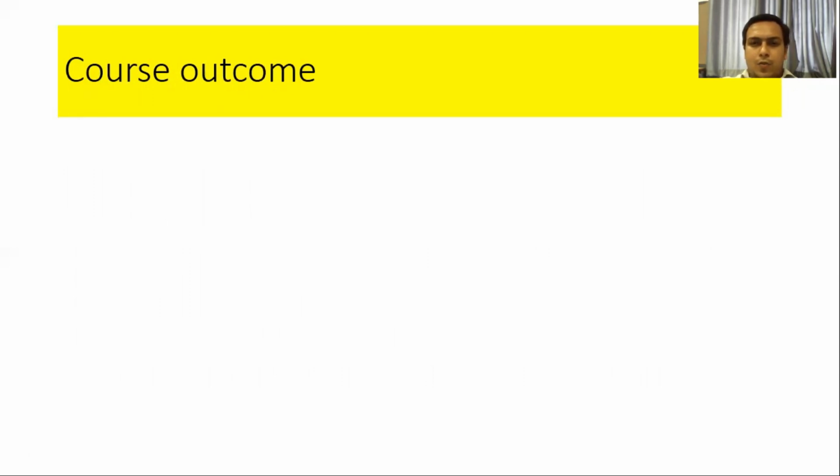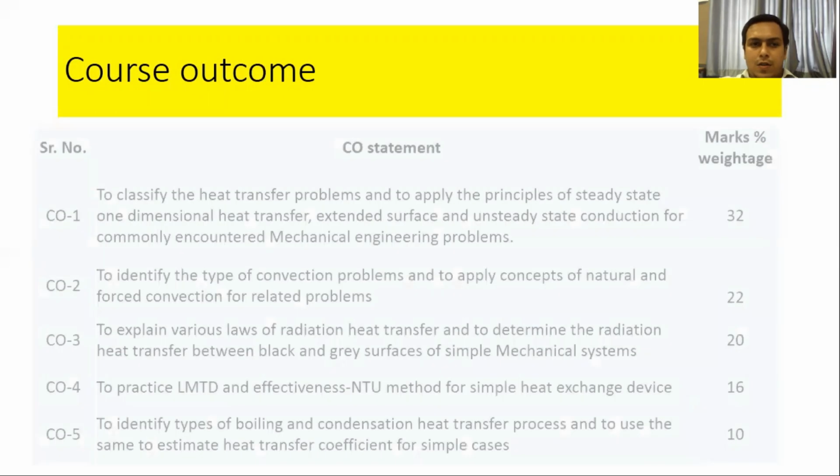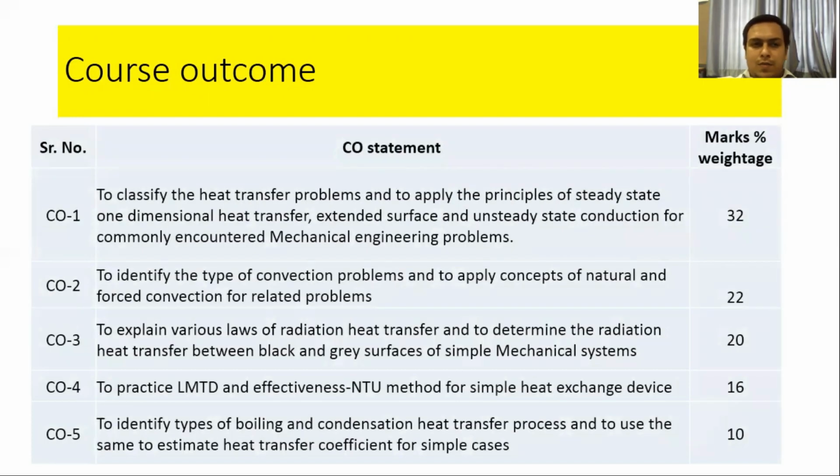Now we go through the course outcomes. What are the intentions, or what are the outcomes of attending this course? Generally 6 course outcomes are defined by the curriculum designer, but here 5 course outcomes are given, and the evaluation percentage weightage is also given.